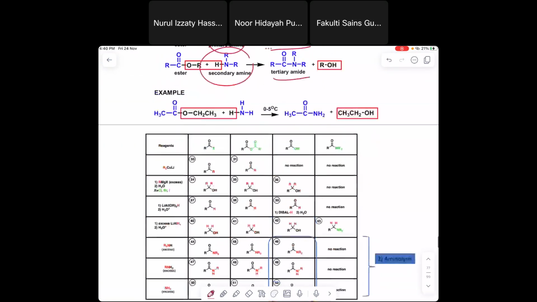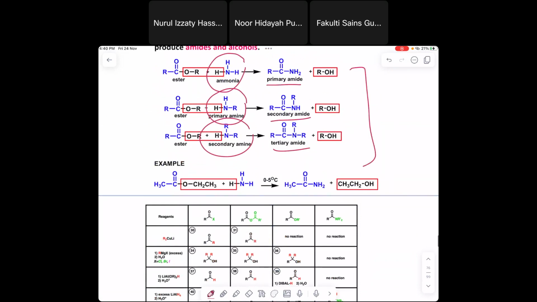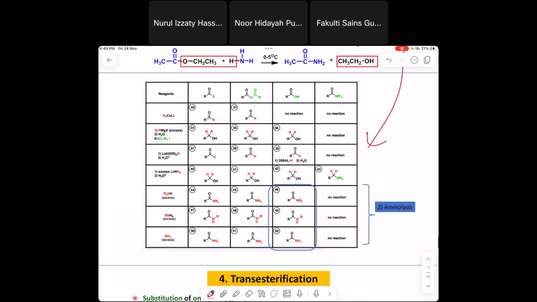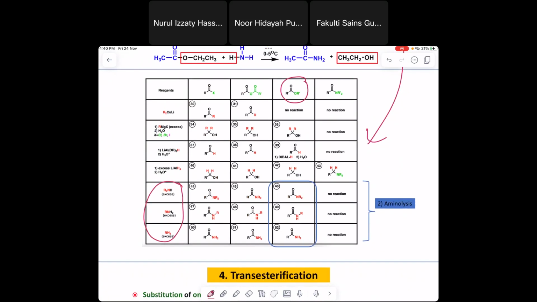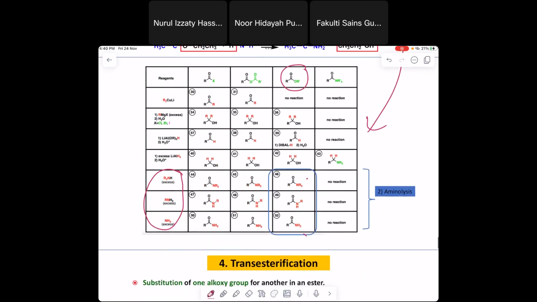Sama juga kat sini. Yang ni semua kita rangkumkan dalam satu table ni. Where was it? This is where. Kat sini. These are all the aminolysis. So you can see if you use excess of ammonia, you get amide, secondary amide and tertiary amide. Okay, very clear kan, senang sebab tu. So I said the table will help student a lot.